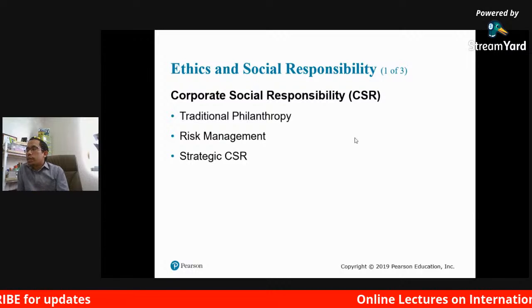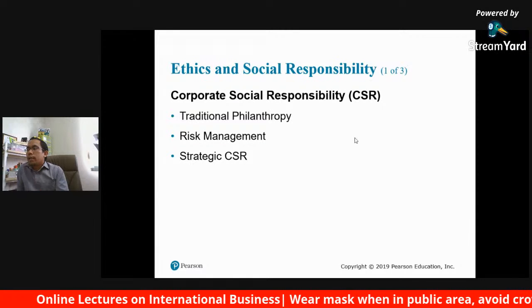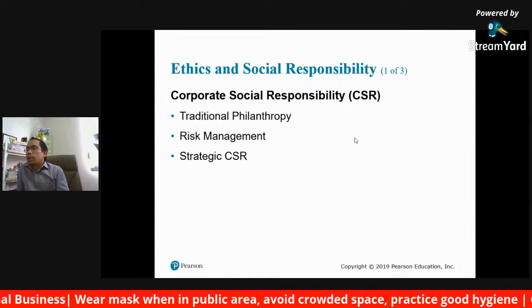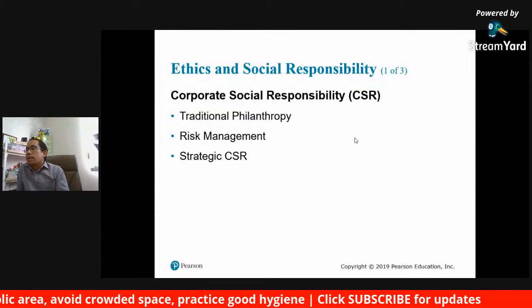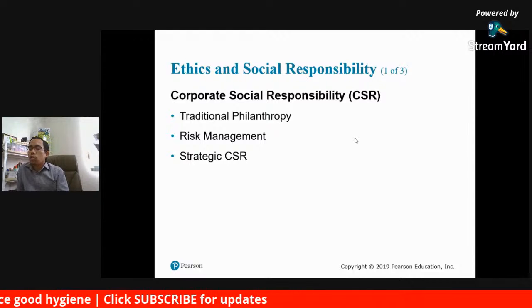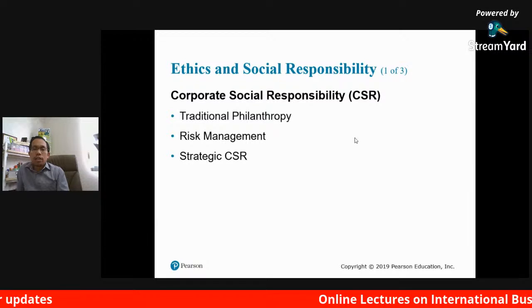Second, risk management, developing a code of conduct that will be followed in its global operation, agreeing to operate with greater transparency. And third, strategic CSR, which builds social responsibility into its core operation to create value and build competitive advantage.